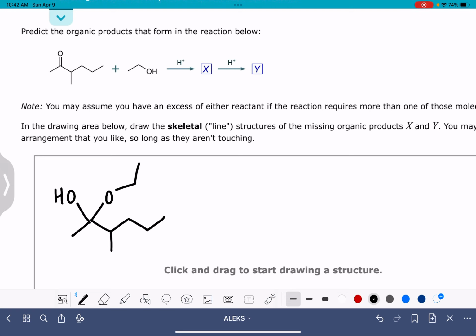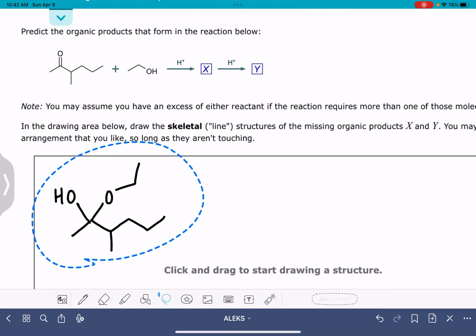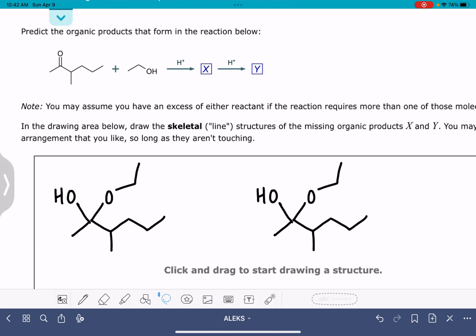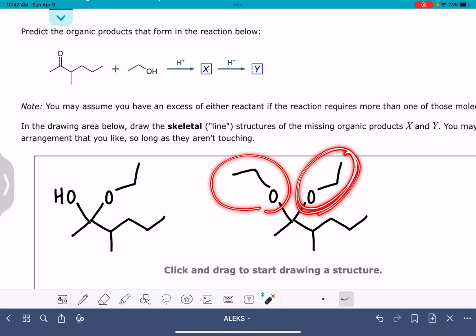For the second product of this reaction, we're going to copy that whole entire molecule. For the second version of this reaction, the hydrogen is going to come off of that oxygen, and we're going to put another one of the alcohol's carbon chain, another two carbon chain, on that oxygen to match the first oxygen.